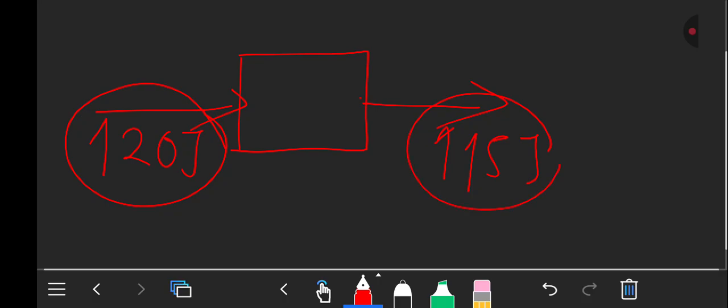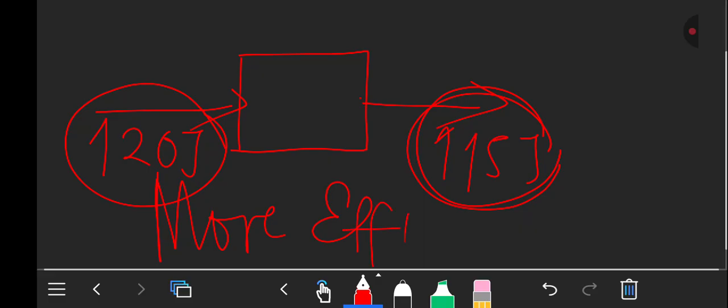You had to feed this machine with 120 joules and it is able to do a useful work of 115 joules. What can we say? This machine is more efficient. I'll give two scenarios here. This machine is efficient because it's able to transfer much energy into useful work.